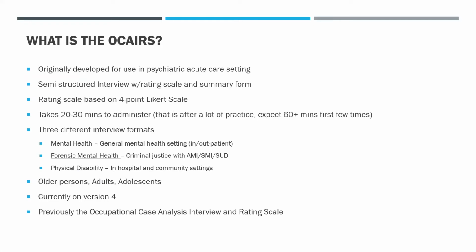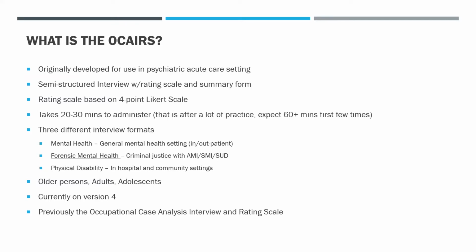It's very interesting. So the OCAIRS is for older persons or the older population, adults and adolescents. So it has been tested and validated with adolescents, adults, and the older person community. And right now it's currently on version 4.